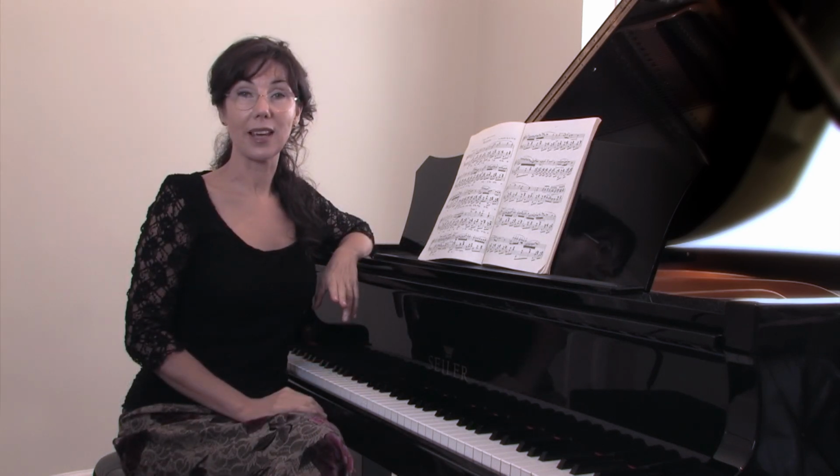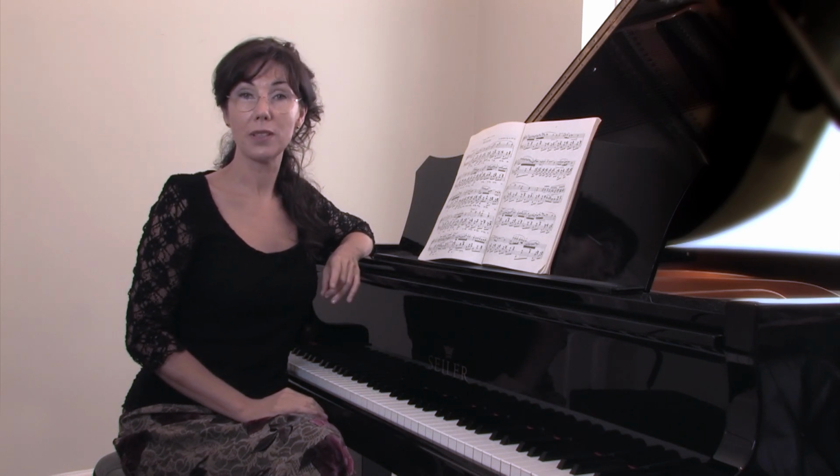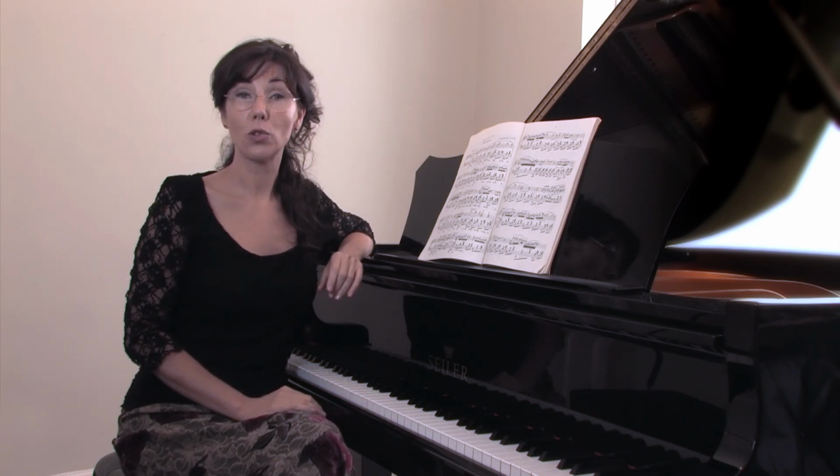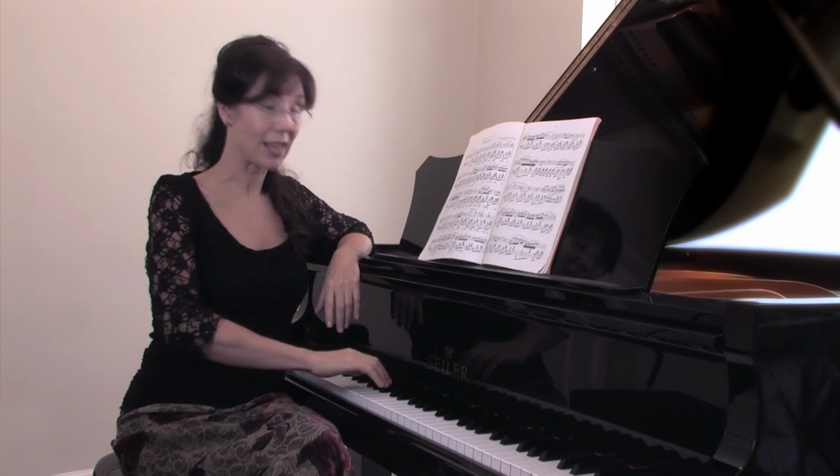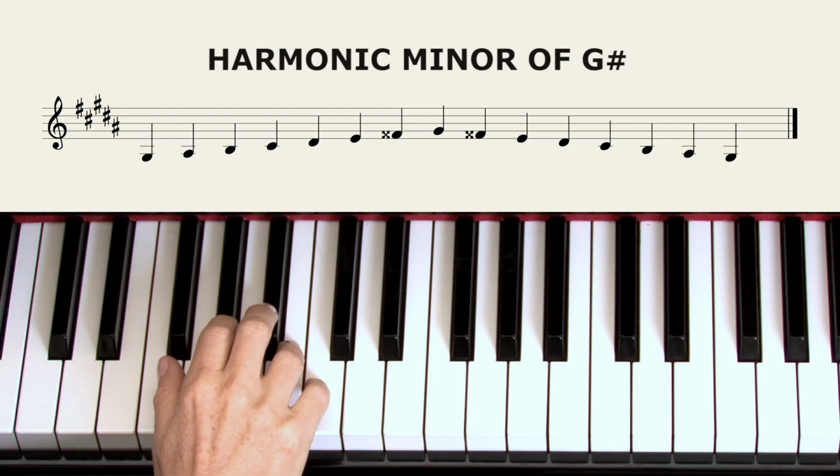Sometimes in a minor scale, we want to sharpen the 7th, but we find that it's already been sharpened in the key signature. For example, G sharp minor has 5 sharps in its key signature.